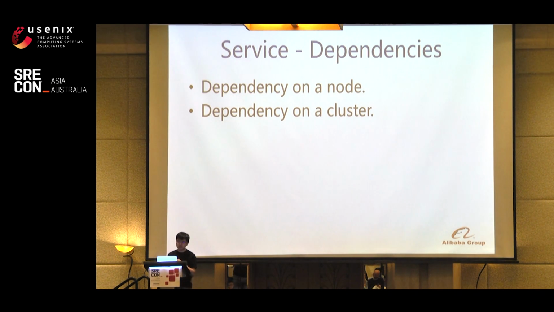Take an example: one web application needs to access a local configuration file generated by a local service. So this means all these services must be put on one node, and they have dependencies.